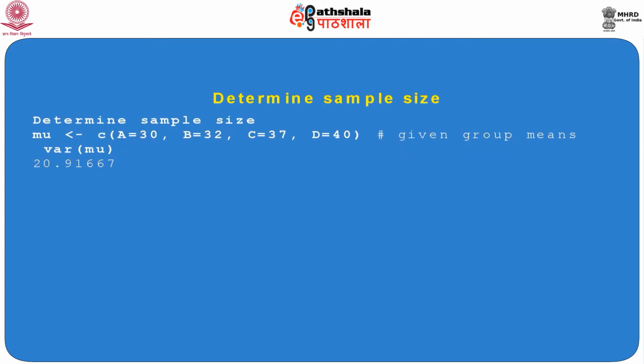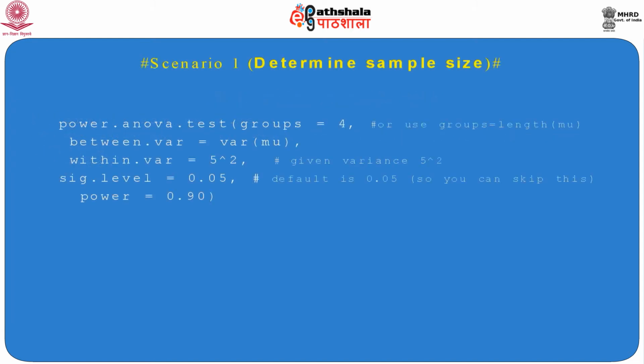Determining sample size, where mu is assigned as the group means, with A equals 30, B equals 32, C equals 37 and D equals 40, having a variance of mu calculated as 20.91. Now second step, scenario 1, to find the sample size, where the power.anova.test function is useful.